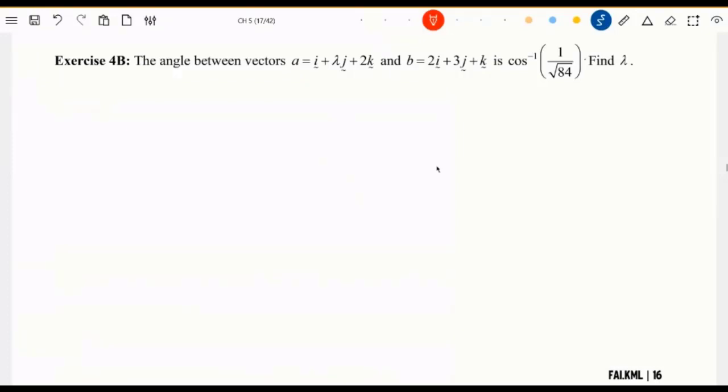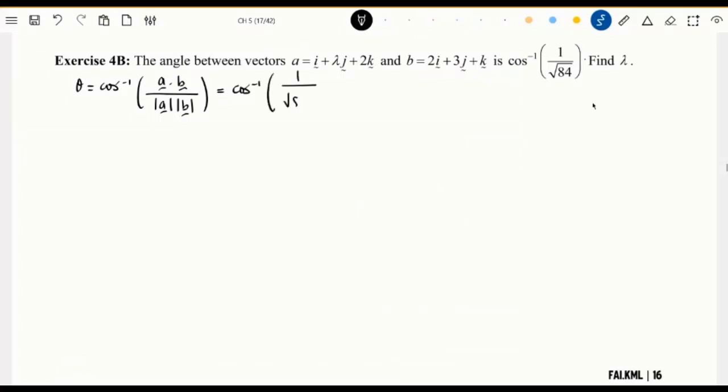Angle between vectors A, B, and then this one, so you have to find the lambda. Okay, so we know that formula adalah, let's say theta equal to inverse cos of A dot B bahagi magnitude A, magnitude B. And then we have to compare with inverse cos of 1 over square root 84. Okay, sebab kita nak cari alpha.